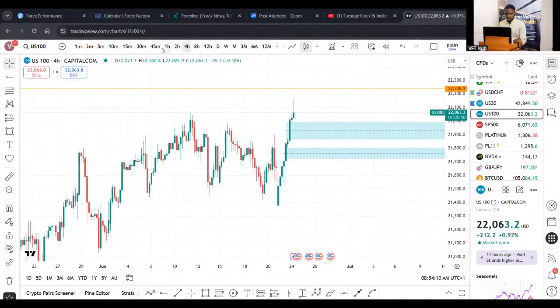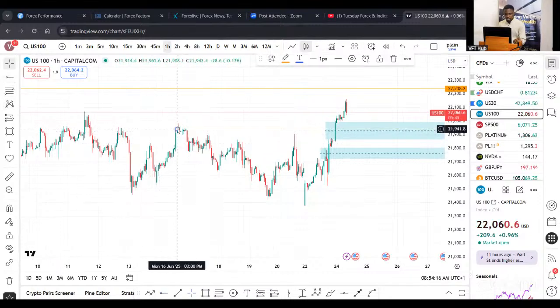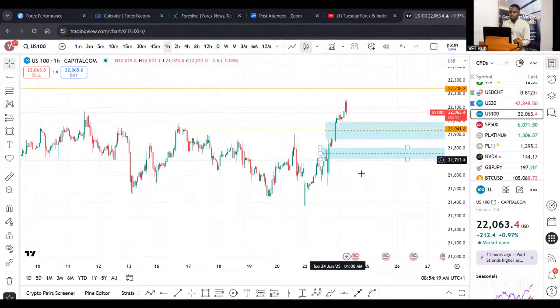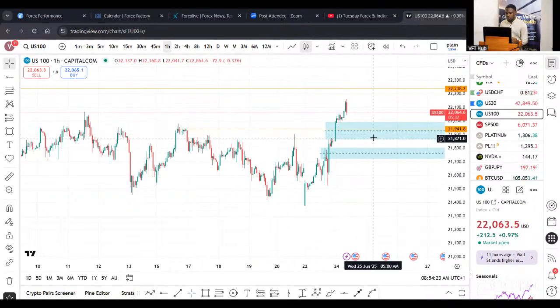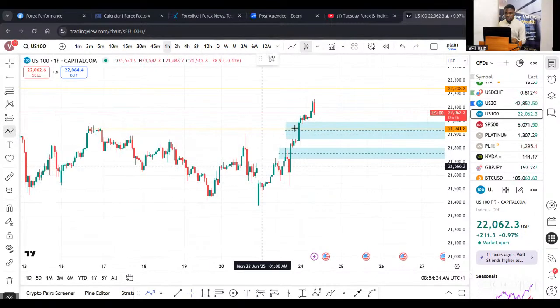So let's go to the 1-hour time frame and see. This is a zone that matches with the fair value gap. This was violated, and I believe if price comes close to this zone, we should see a rejection to the upside. In fact, we have two trade markups that I personally want to see.